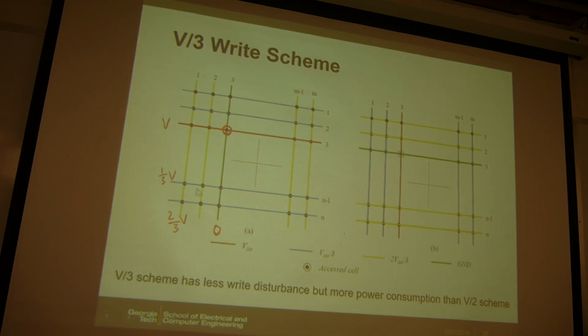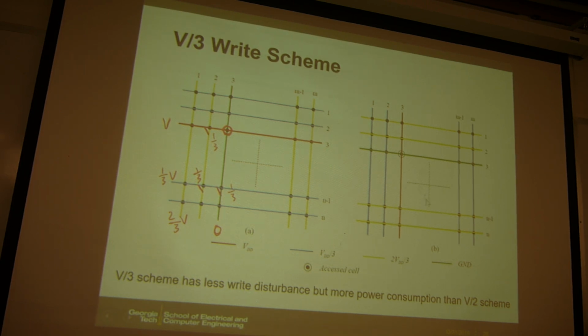And if you check the voltage difference for all other cells, for example, this cell, what is the voltage difference? 1/3. 1/3, okay. And then how about this cell? 1/3. How about this cell? 1/3. You will notice that all the rest of the cells have 1/3 voltage across.